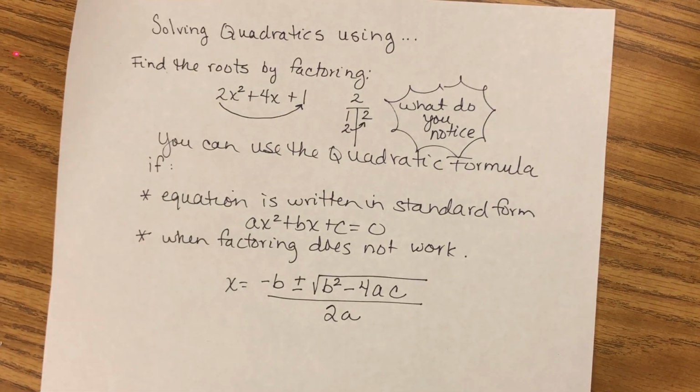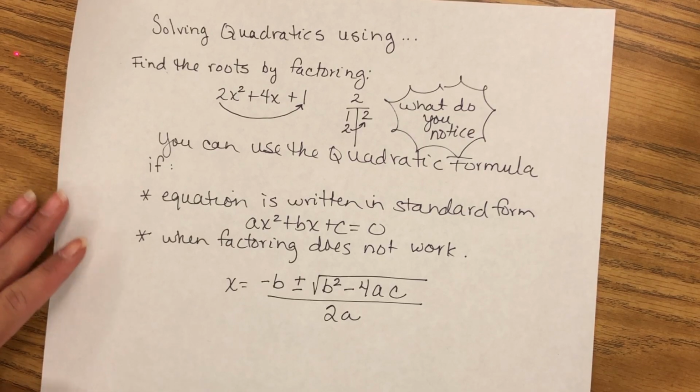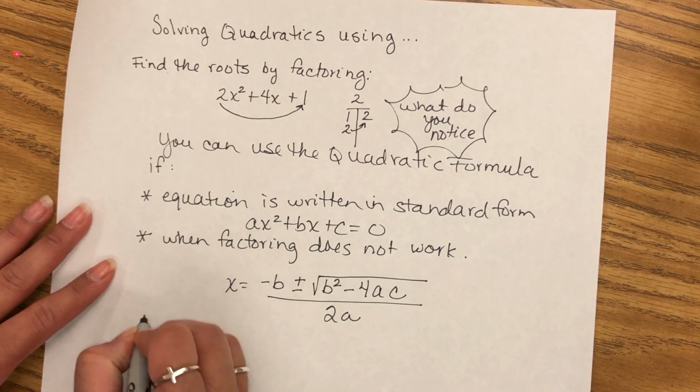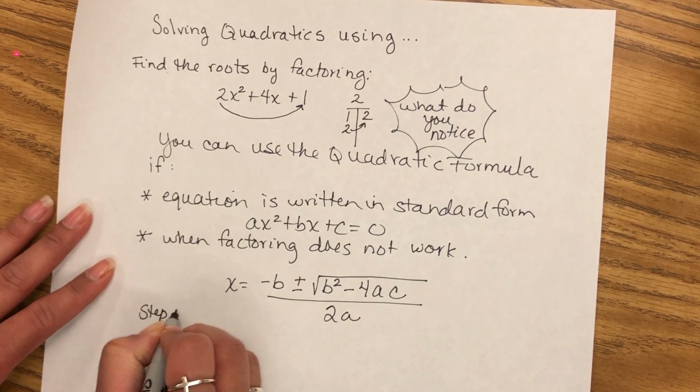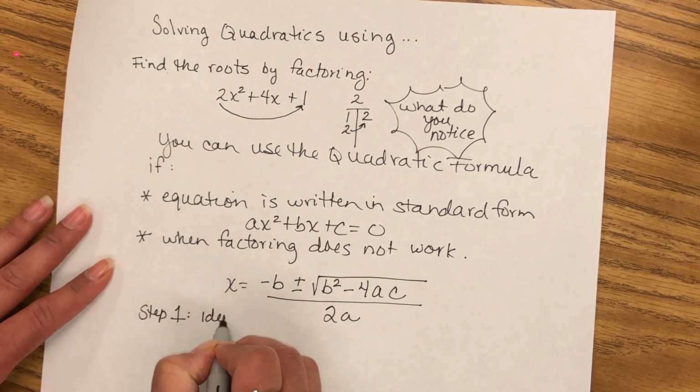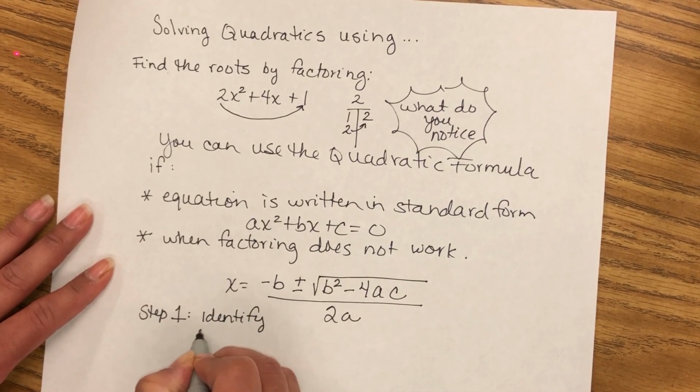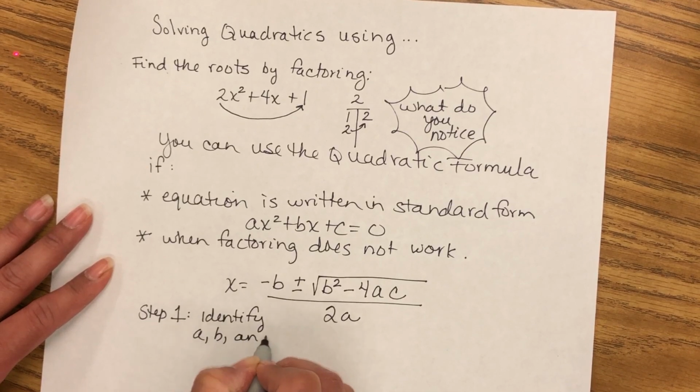So that's a big formula. The good thing is that it's given in your math chart, so you don't have to worry about memorizing it. So first thing you want to do is identify your A, B, and C. So step 1, identify A, B, and C.